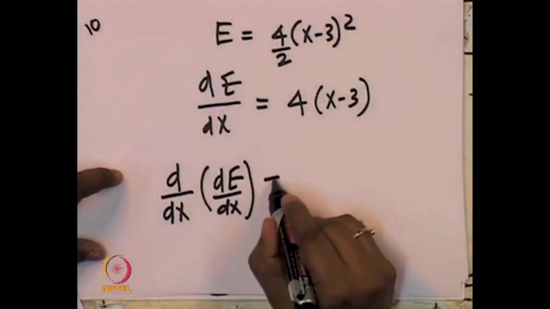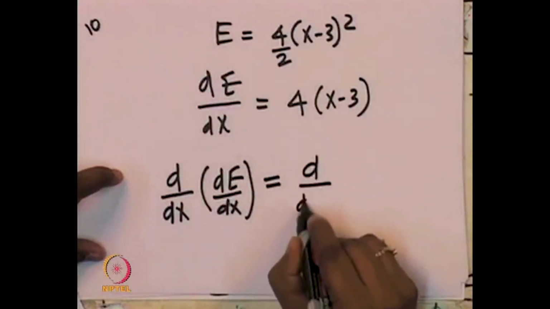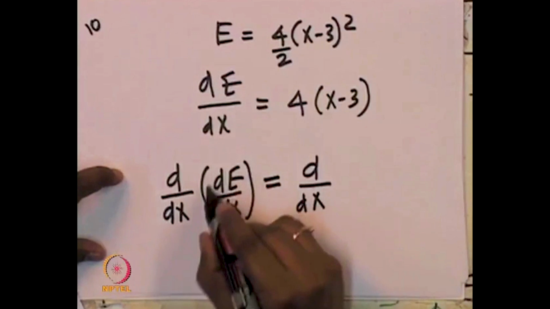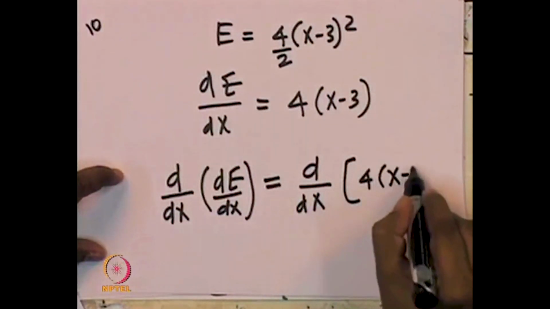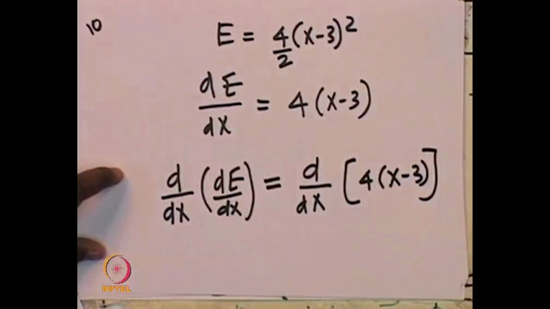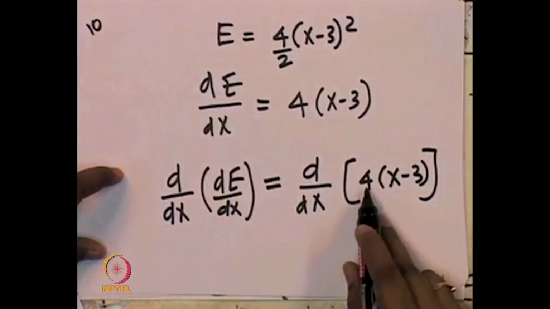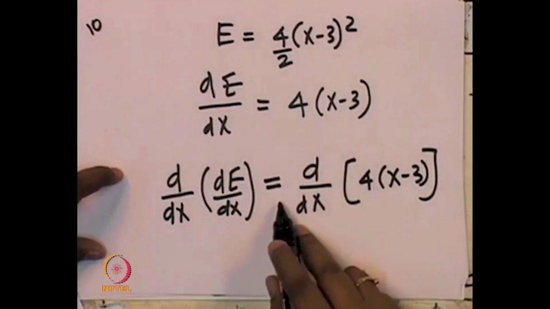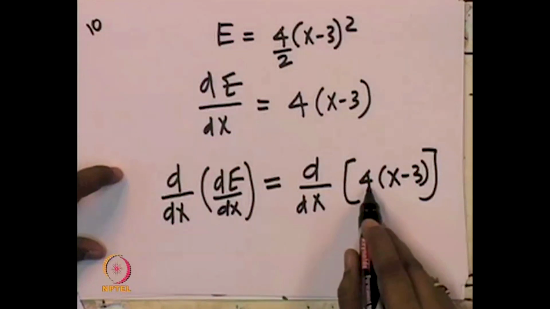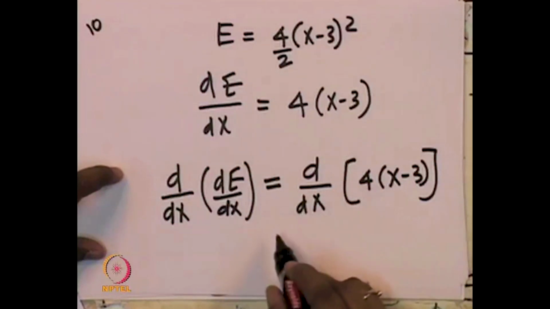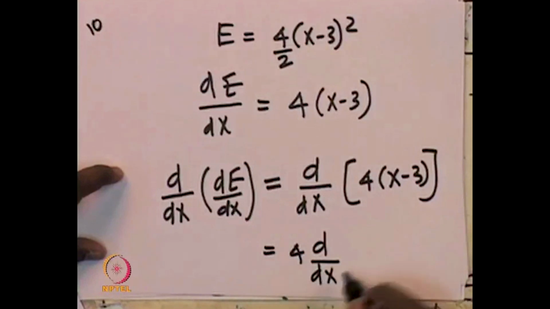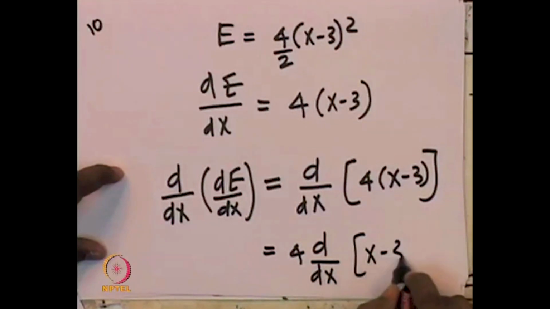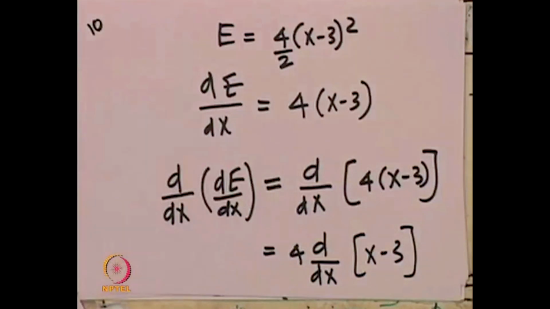This is the second derivative, d by dx of dE by dx. dE by dx is 4 into x minus 3. 4 is a constant and does not depend on x, so you can take it out. What you have is 4 into d by dx of x minus 3.